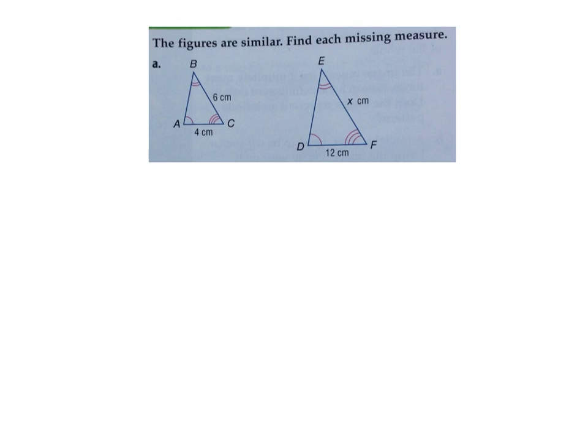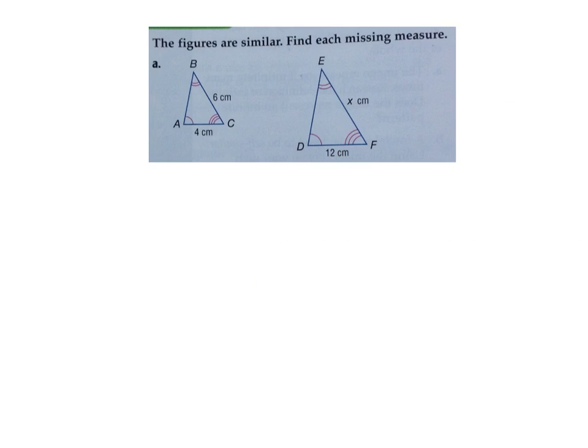When I have similar figures, like I have here, similar figures are proportional, and so I can use that to help me to find missing measures, like I'm going to be doing here. So I know that this side right here, AC, is going to be proportional to this measure right here.